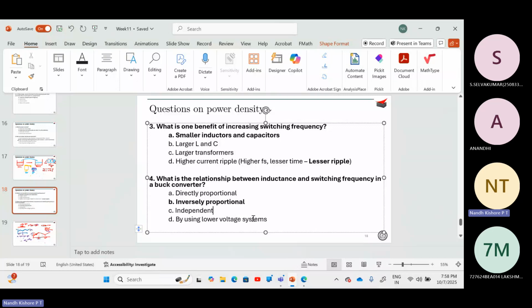Option D, inductance is proportional to the square of the frequency. So what is the answer for this? What is the relationship between inductance and switching frequency?